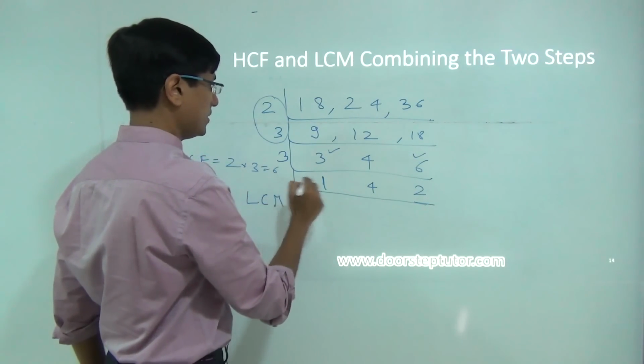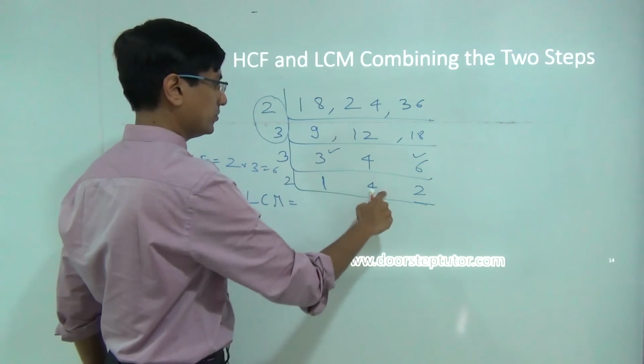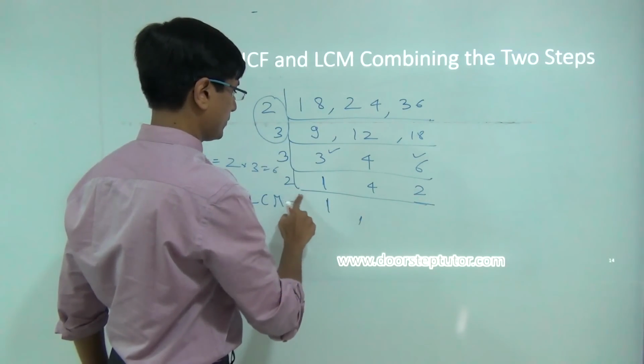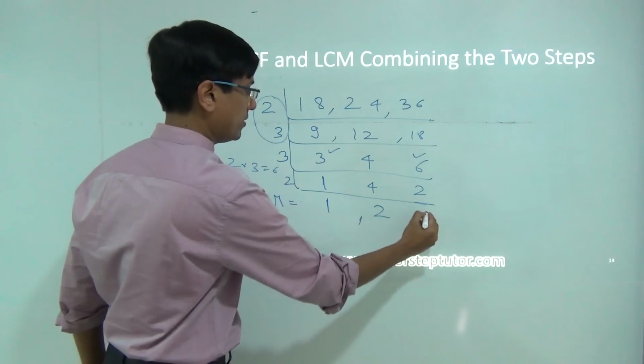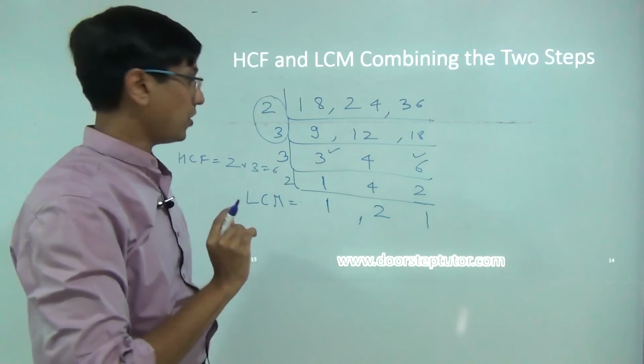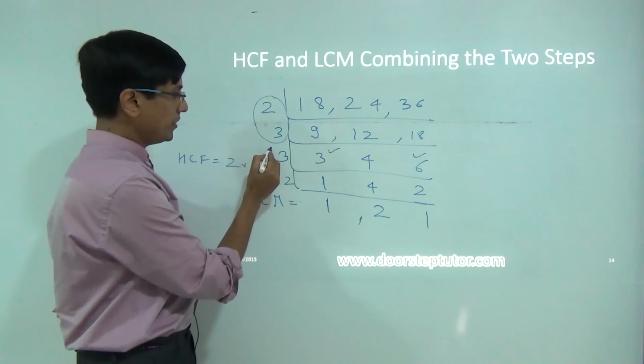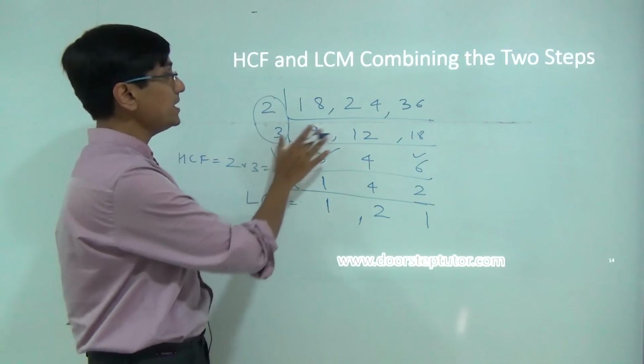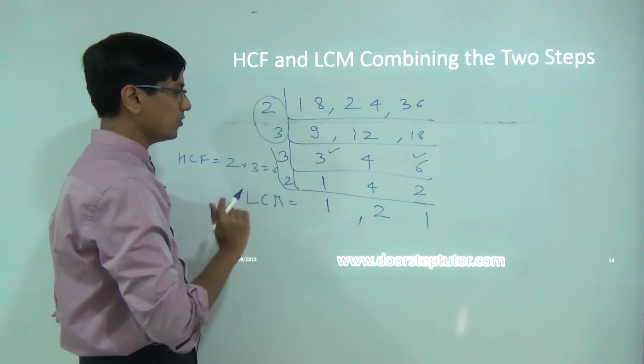And then between these two, 2 is a common factor. So 1, 2 and 1. And now I can finally stop. So we have to go a little more if we have greater than two numbers. We have to do a little more work.